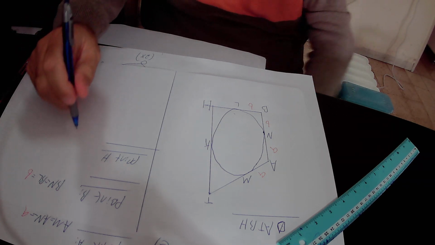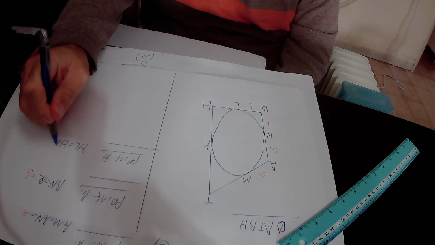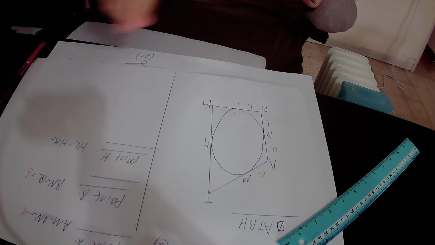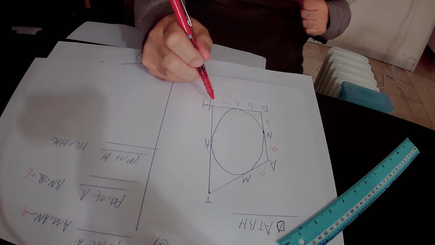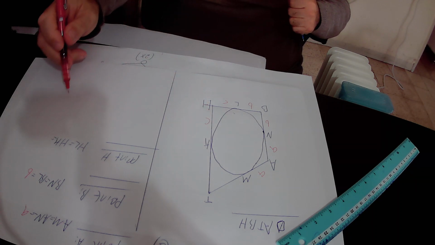That is to say, edge L equals edge K. So if we define the length of tangent AL as C, then the length of tangent AK must also be equal to C.